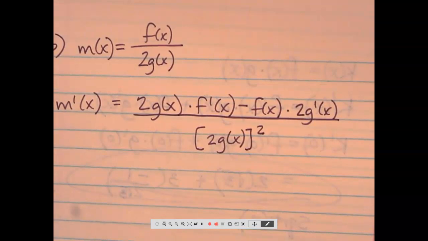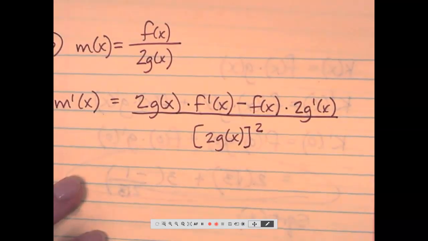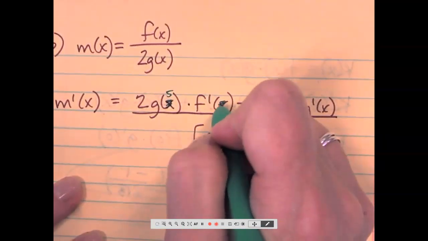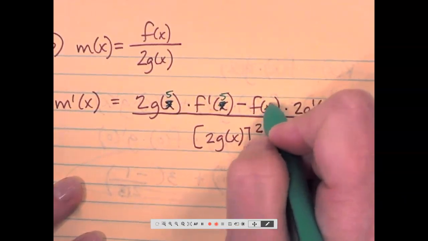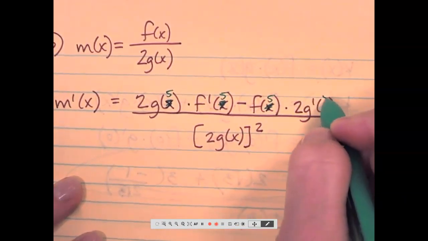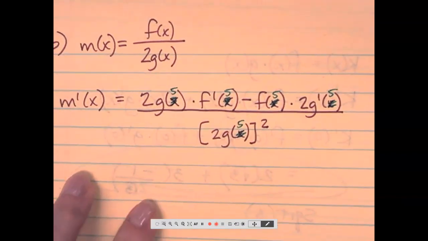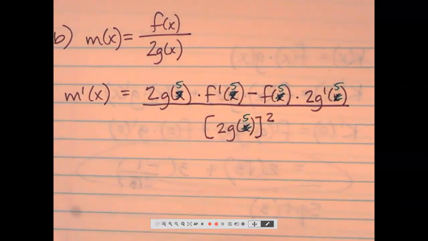Okay, now our x's are all 5s. I'm going to have a 5, and a 5, 5, 5, 5. Okay, so everything that I'm doing would be your work that you're showing.